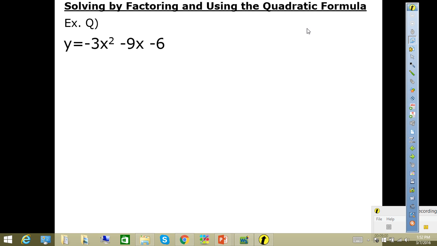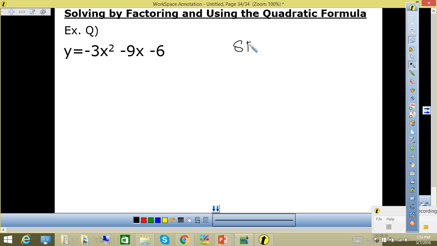Step 1, make sure it's in standard form. Look at it. Is it in standard form? Yes. There it is, okay? Step 2, before I go to step 2, I need to clarify how to identify A, B, and C. Standard form looks like this: Ax squared plus bx plus c equals y.